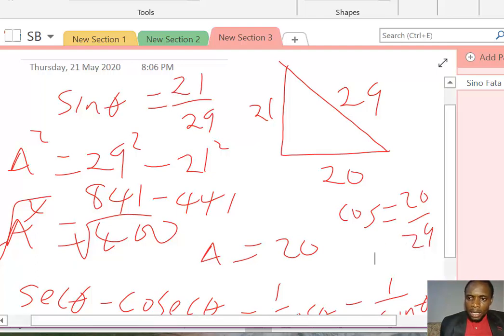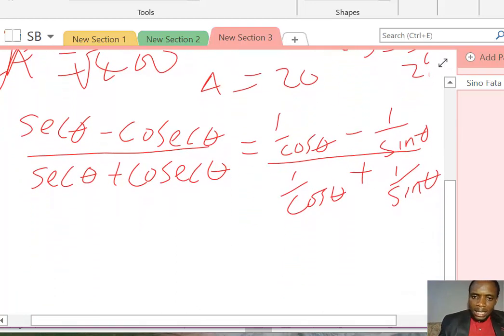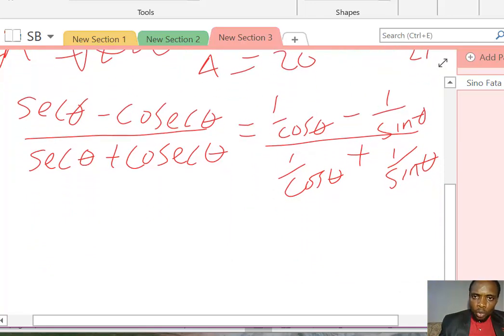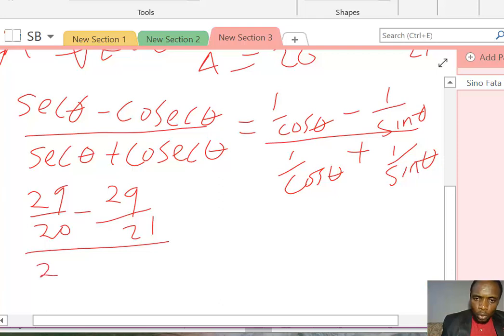So 1 over cos theta will be 29 over 20, minus 1 over sin theta, which will be 29 over 21. Then also we'll be having 29 over 20 plus 29 over 21.